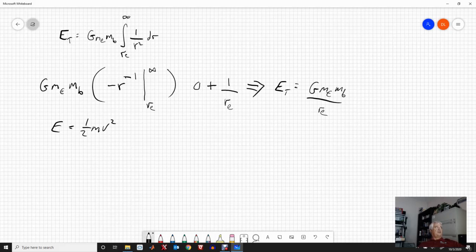We say this energy has got to equal this energy because we're throwing the ball up in the air, giving it an initial velocity, but there's nothing else to act on it once it leaves our hands. So it better have all the energy it needs when it leaves our hands. So we say that 1/2 mv squared must equal G ME MB. Oops, didn't make that a subscript, did I?